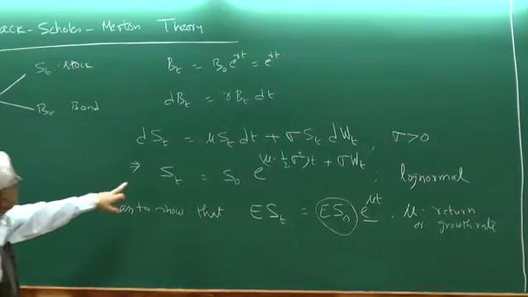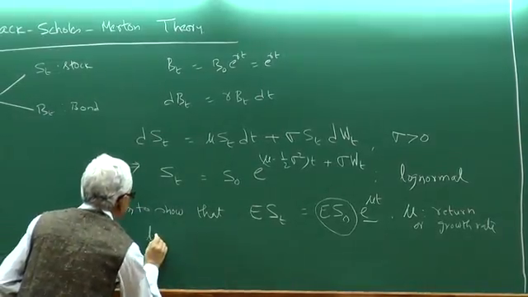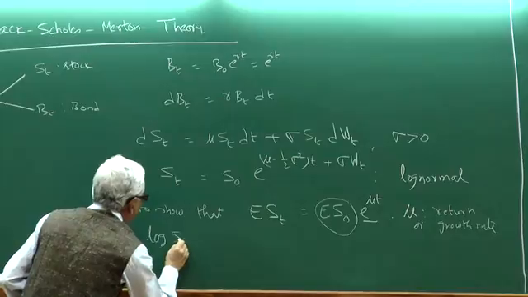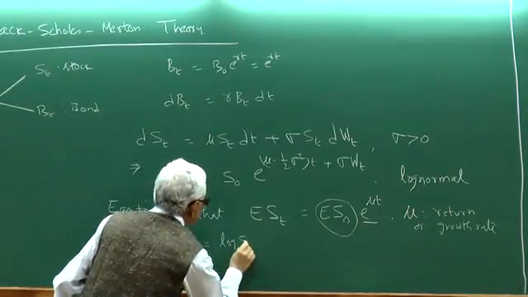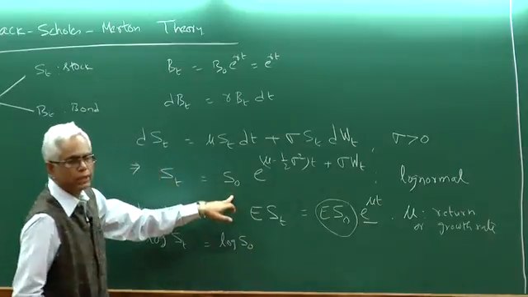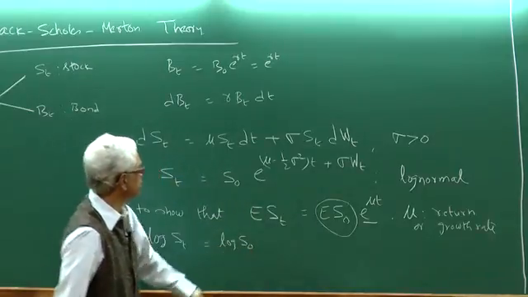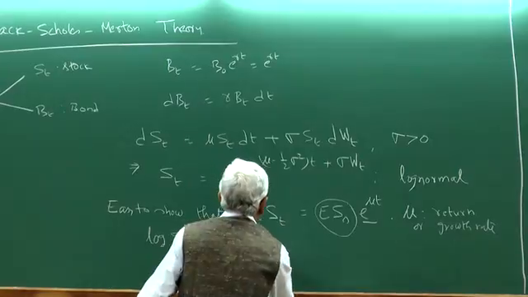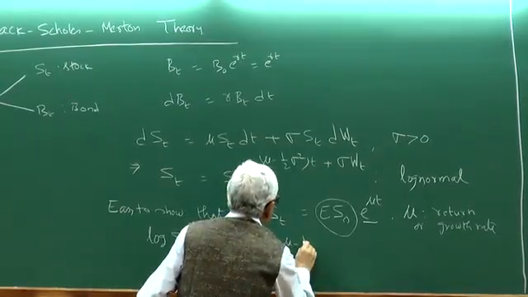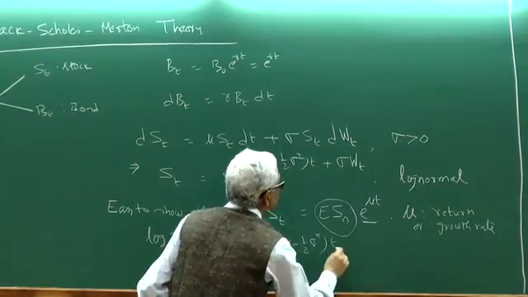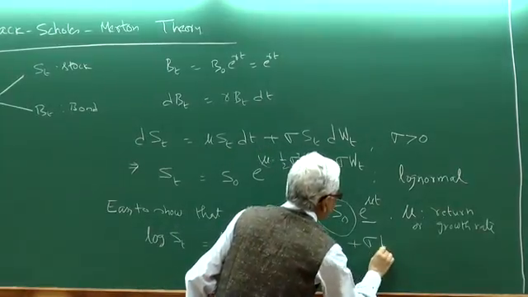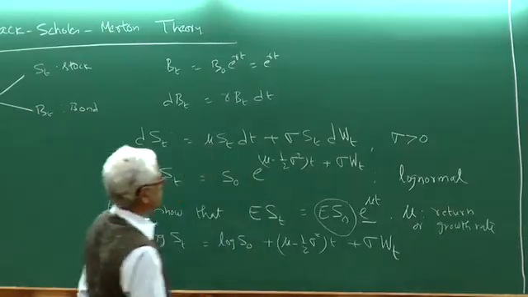Now take log here. Log of ST will be log S0, which is usually given, so this is a deterministic quantity, plus mu minus half sigma square T plus sigma Wt.